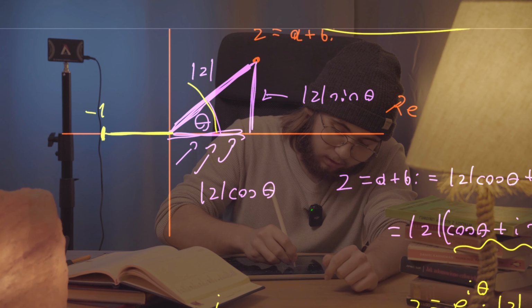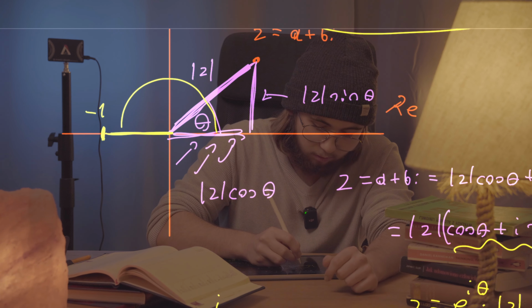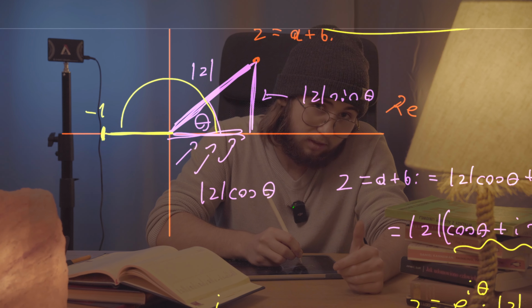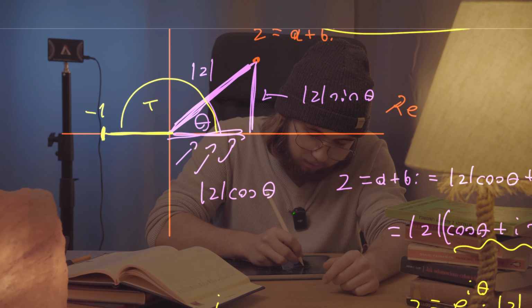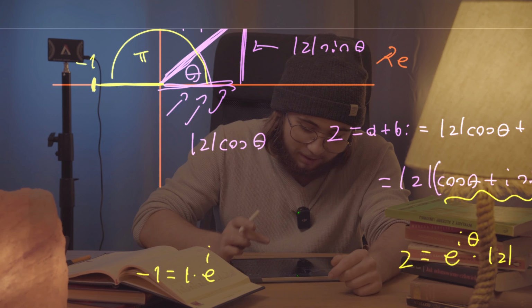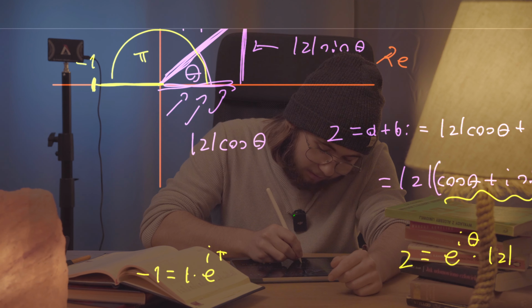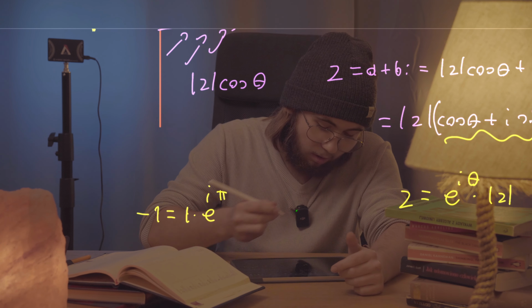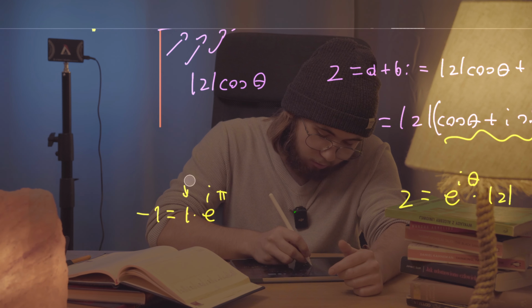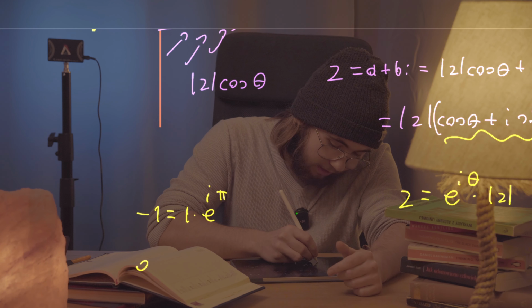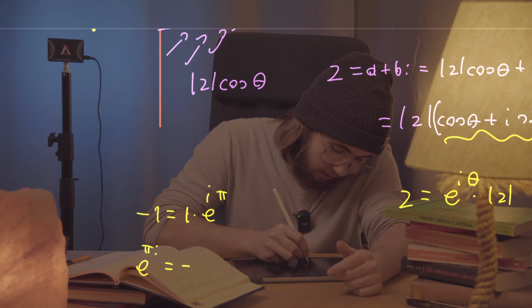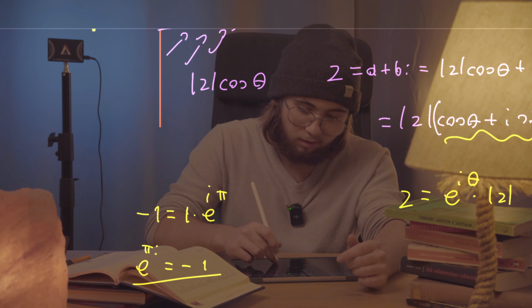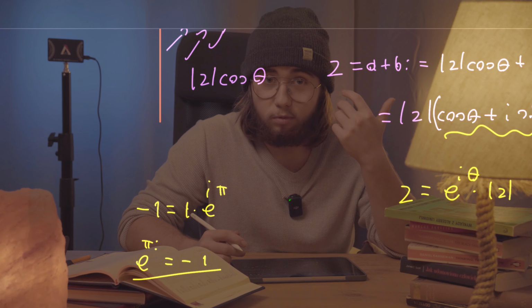So what is this angle right over there? Well, this is just 180 degrees, which is pi over, no, it's not pi over 2, it's just pi. So we have to write pi there. And so after getting rid of this 1 because we don't really care about it, we get that e to the pi multiplied by i is equal to -1, which is exactly what we wanted to prove from the very beginning.